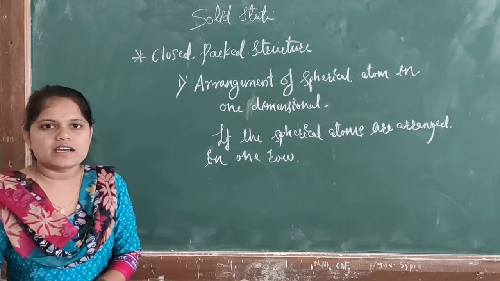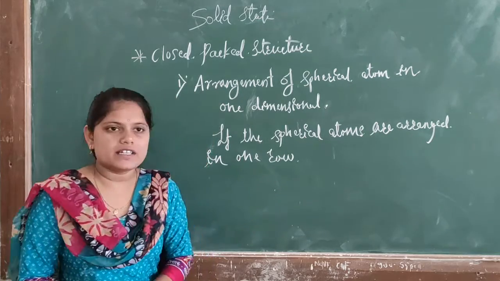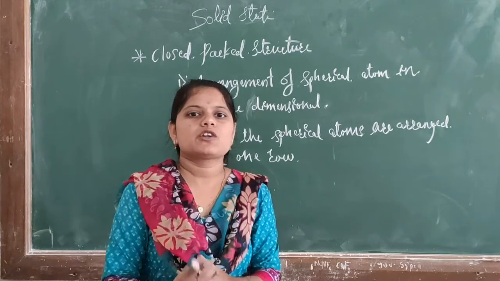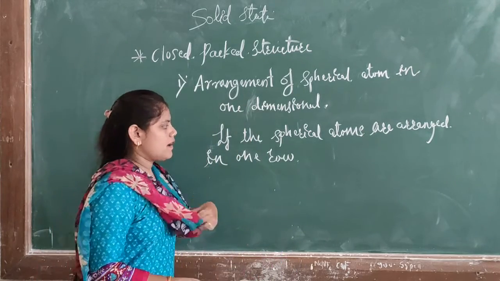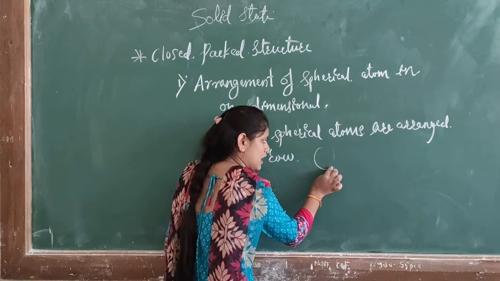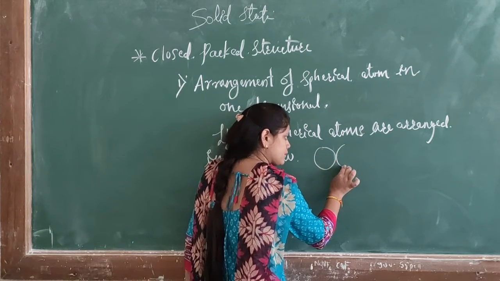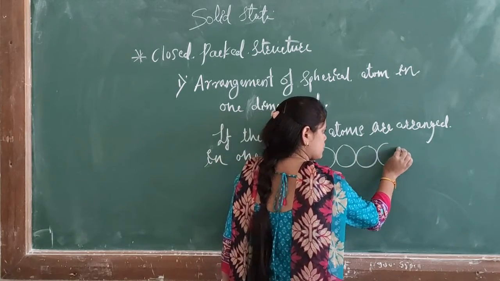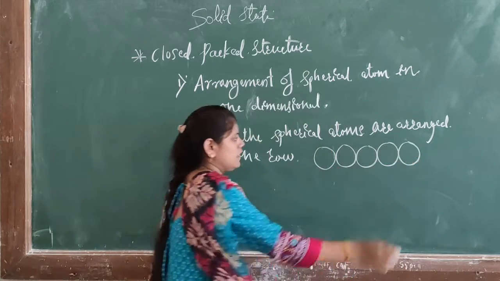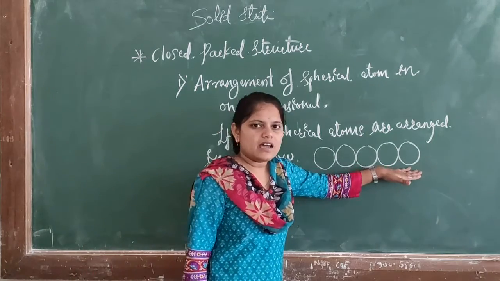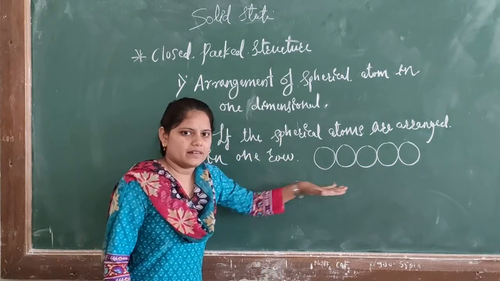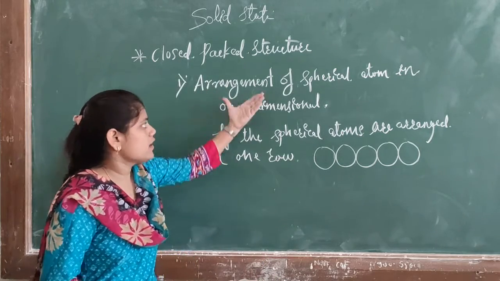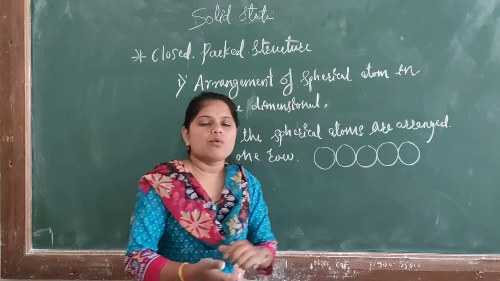If the spherical atoms are arranged in one row, we call it a one-dimensional arrangement. They are arranged like this, in a row, as closely as possible. We call it an arrangement of spherical atoms in one dimension.